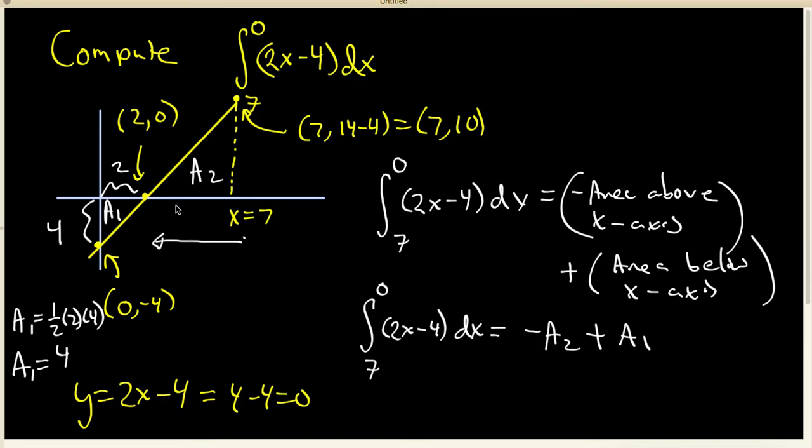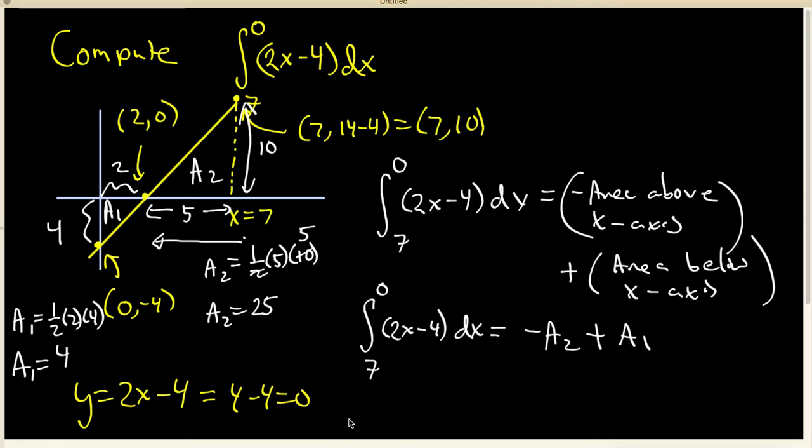And for A2, when I look at it, this distance down here is 5, and this distance here is 10. And so A2 is going to have area 1/2 times 5 times 10. A2 is going to be 25 square units of area, because that 1/2 is going to divide into that 10 and give me 5 times 5, which is 25.